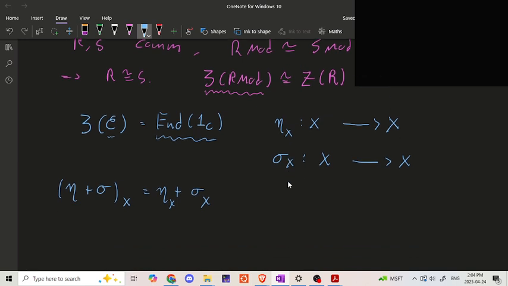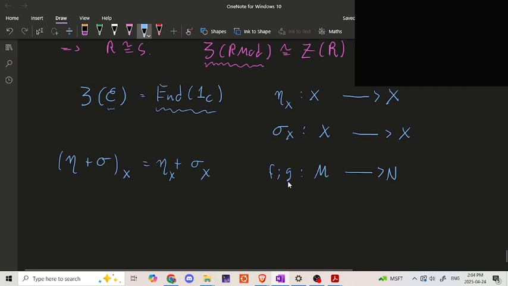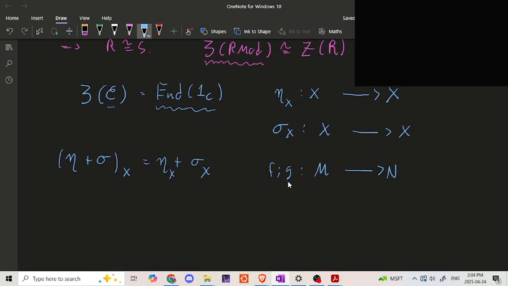If you have any pair of modules, not even just from an object to itself, and any pair of morphisms between those modules in some category of modules over some ring R, we can define an addition operation on these morphisms simply as such, right?